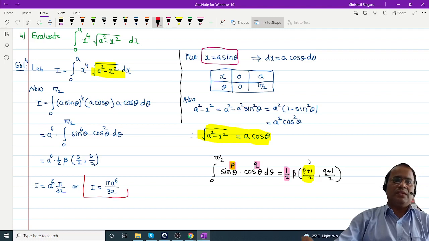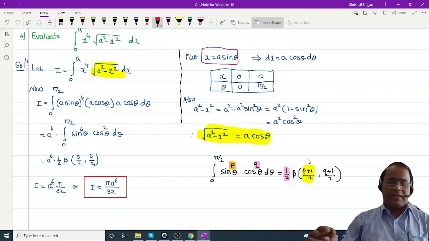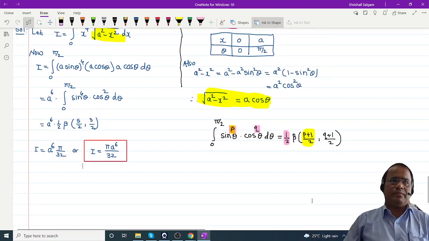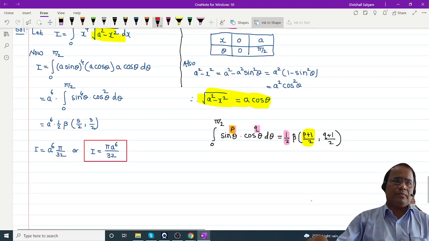Now these are the solved examples. I will continue with some unsolved. I think the fifth example, randomly I will take. Fifth example.